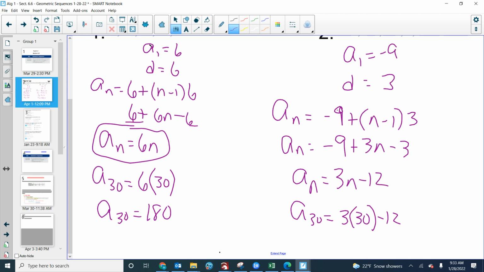Add a 0. Minus 12. Go 90 minus 10, which is what? Oh, we're subtracting 12, so go 2 more. 78. 30th term, guys, would be 78 in this arithmetic sequence.